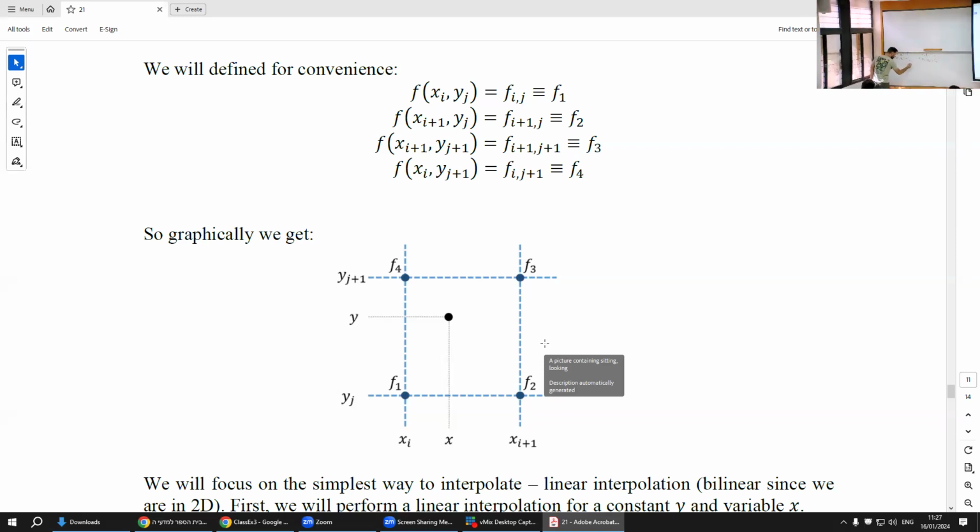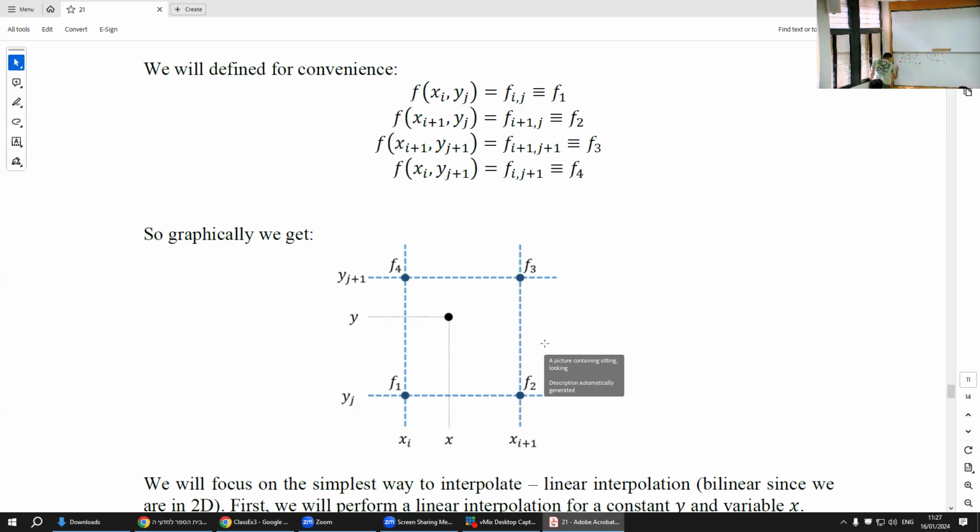Here, on this line, I will say that f of x at y1 is linear. How do I build a linear function from these two points?